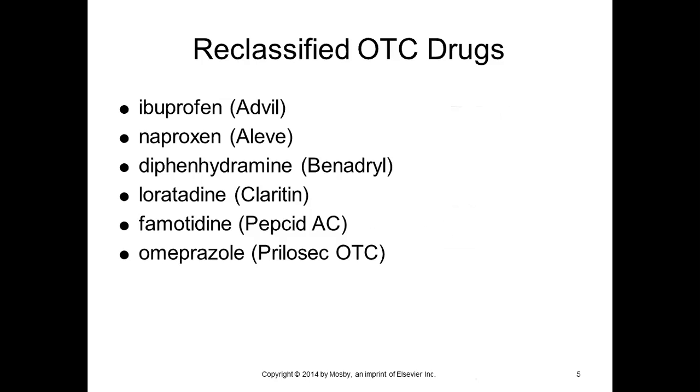Here is the classification of medications we use over the counter, like ibuprofen, Advil, or naproxen. These two are pain relievers, right? Another pain reliever we buy is called acetaminophen or Tylenol.